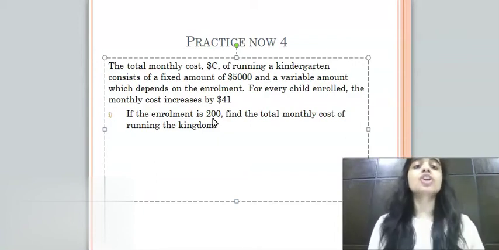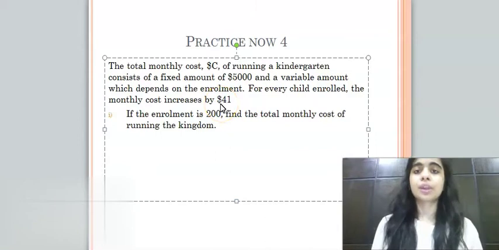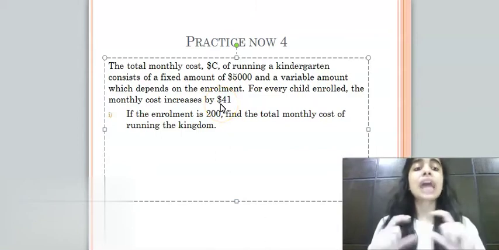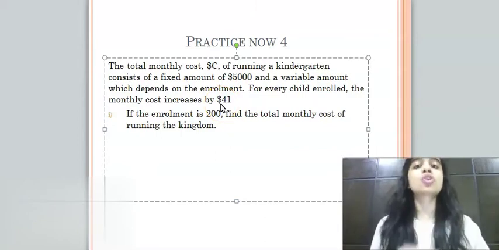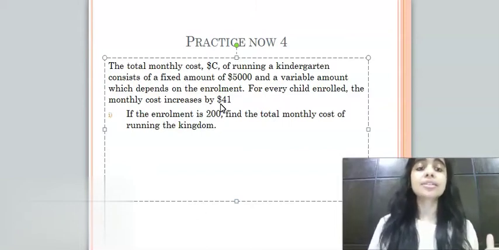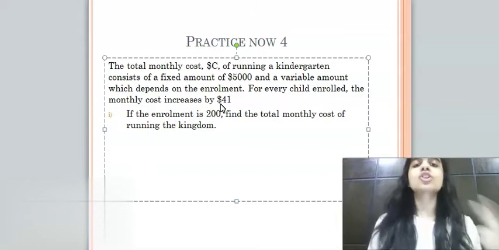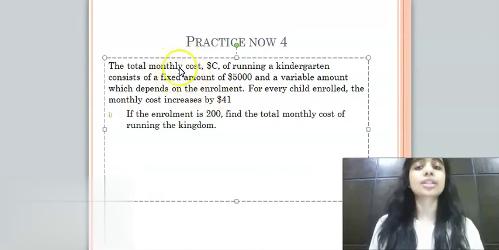So when you enroll one more child, the monthly cost will increase by $41. Now here we can write that my total cost is equal to my fixed cost plus my variable cost. We can say that because yes, two costs are involved in my total monthly cost.